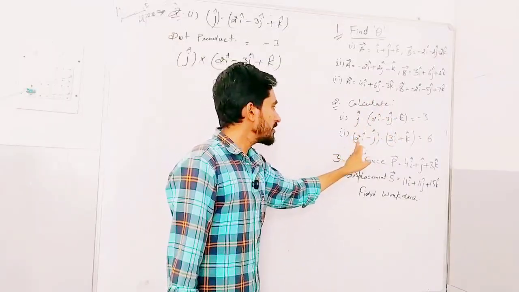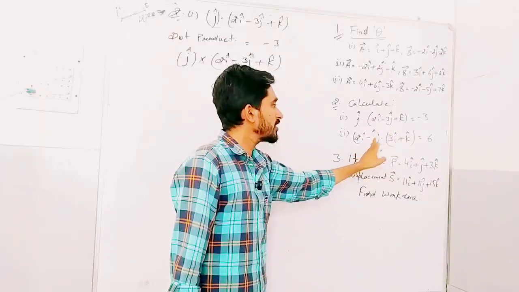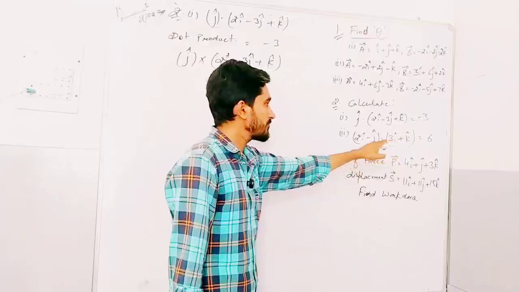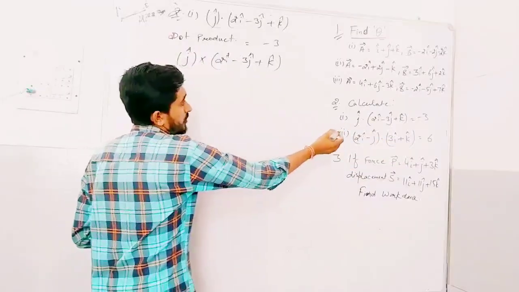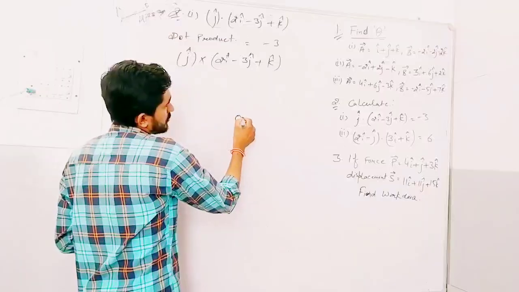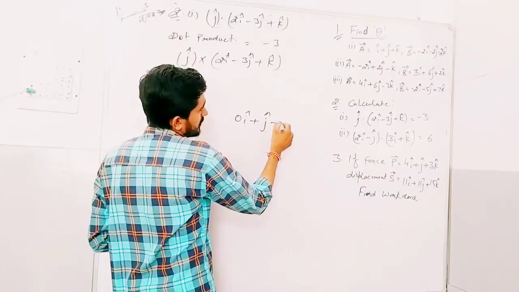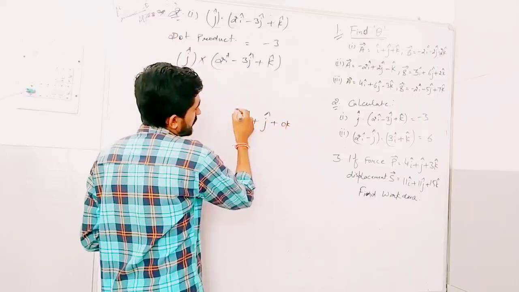Here we have i into i, 6, and j into j, we don't have j. You can write it like this. Here we have j cap only, then 0i cap plus j cap plus 0k cap.